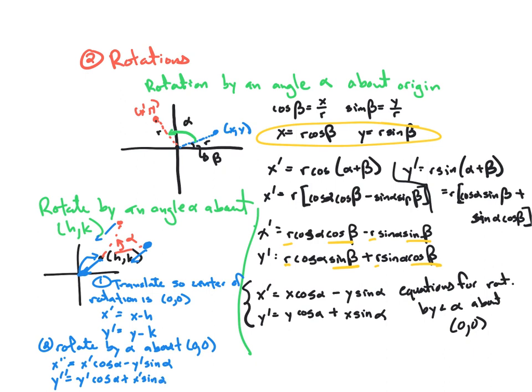I've run out of room here, so I'm going to come over here to finish this off, and then we'll get a new page. If we go back to our original, x prime is x minus h and y prime is y minus k. And so we get these right here.